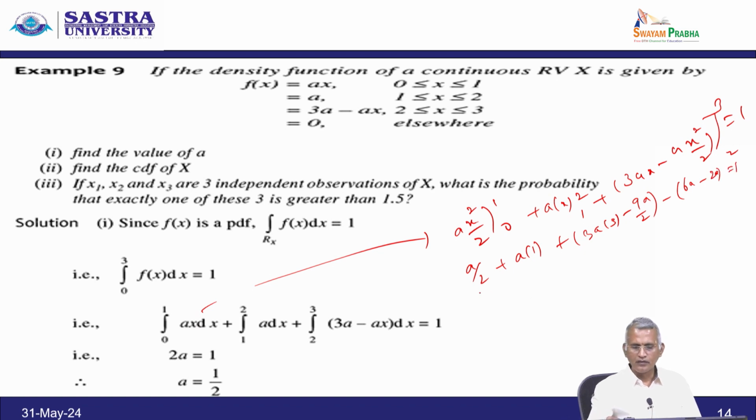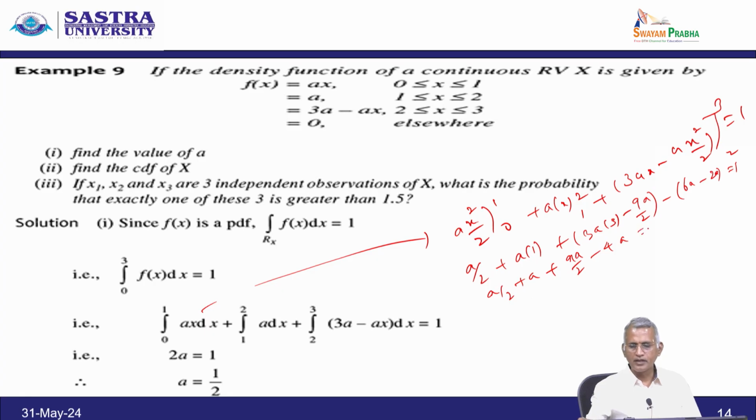Now we have a by 2, then 9a minus 9a by 2, therefore 18a minus 9a is 9a by 2, and then 6a minus 2a is 4a, therefore minus 4a will come.